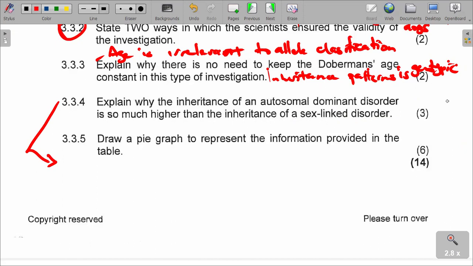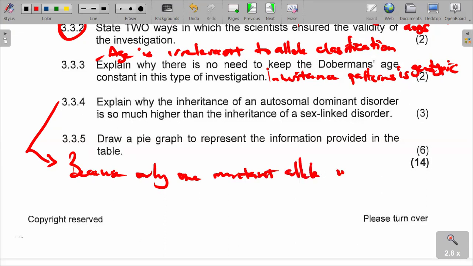What you need to understand in this case is that autosomal dominant disorders occur because only one mutant allele is needed.